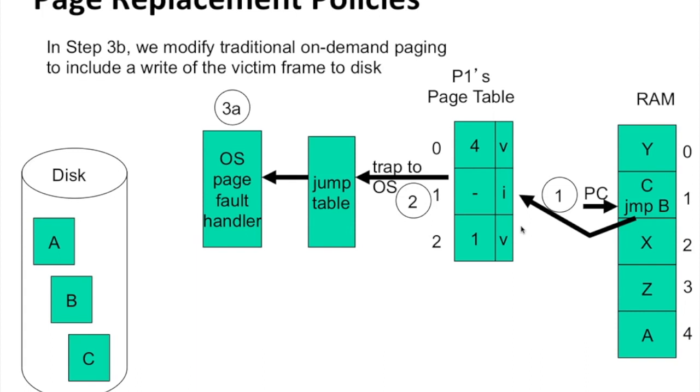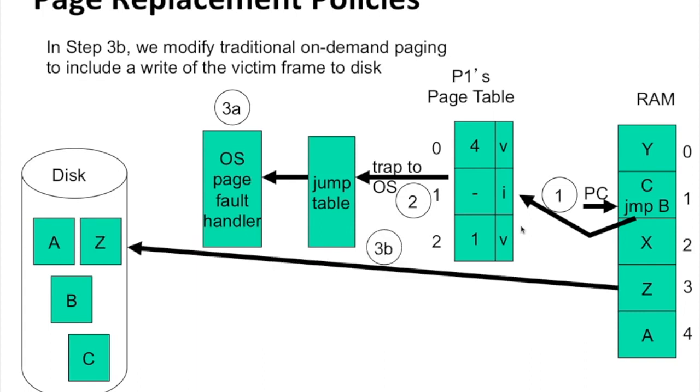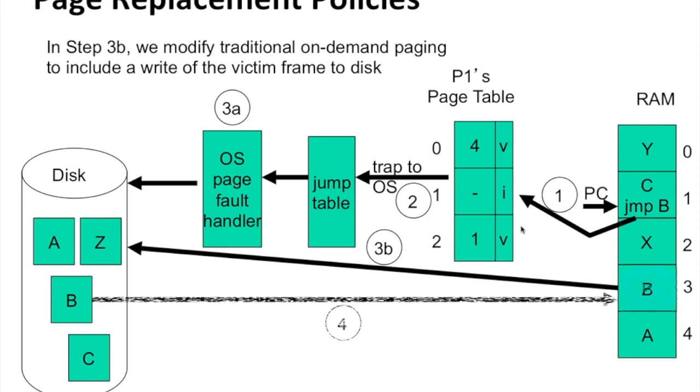The kernel is going to say, well, we need to pick a page that's already in memory and get it out. So we're going to pick frame 3, and we're going to take the data that's in Z and write it to the disk. Then we can grab the data from B and write it into that new frame and update the table. And then we can actually do the jump.